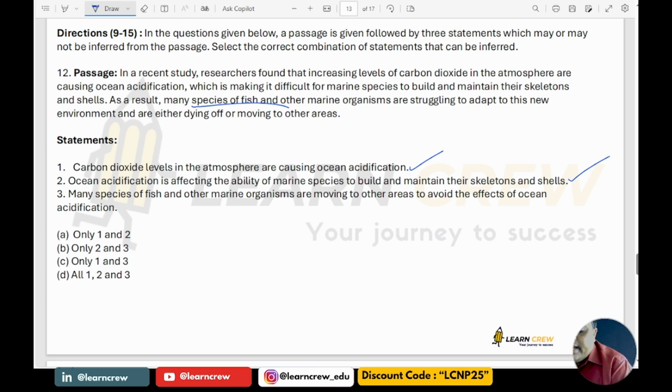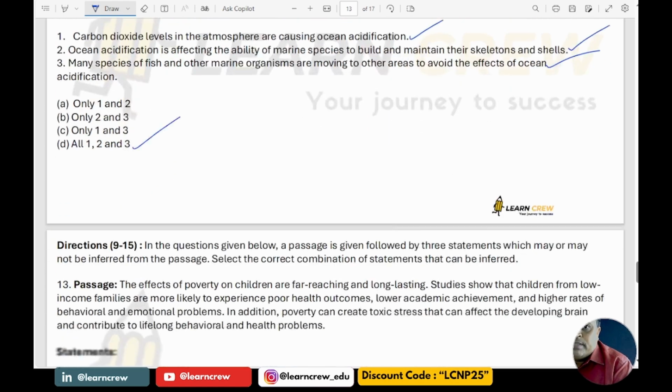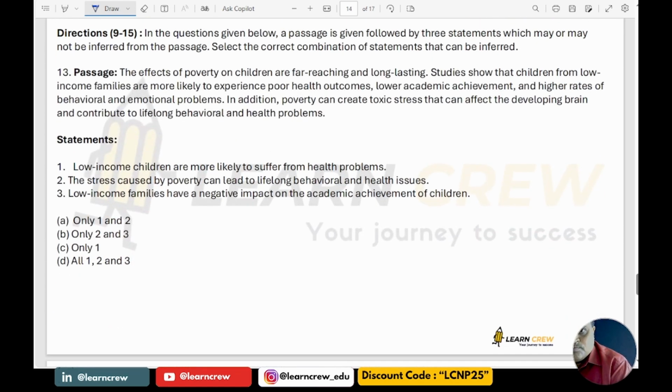This implies that they are struggling to adapt to the new environment caused by ocean acidification. So all 1 to 3 are inferences from the passage.